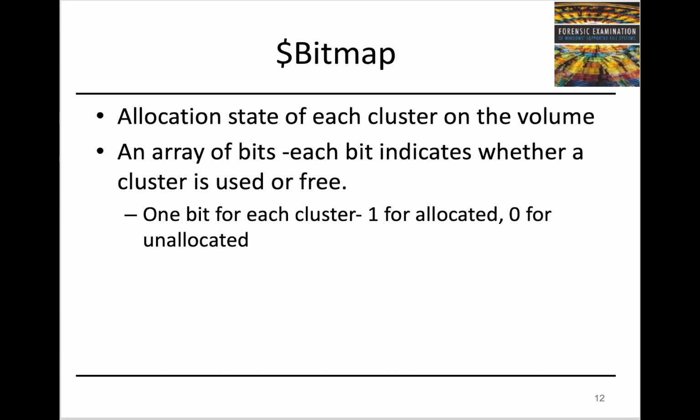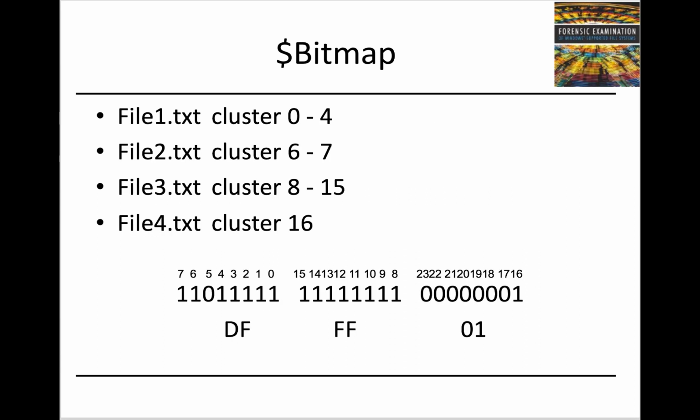And then in FAT, it also had a pointer. In $Bitmap, we don't use pointers. We just say whether or not they're allocated. And instead of being done at 4 bytes like we had in FAT32, we're doing this with 1 bit. So each bit represents a cluster. And 1 means it's allocated, 0 means it's unallocated.